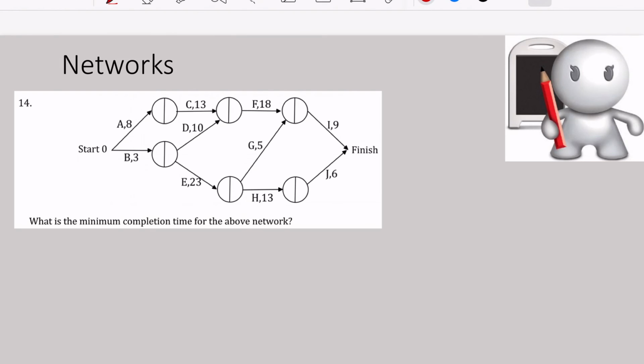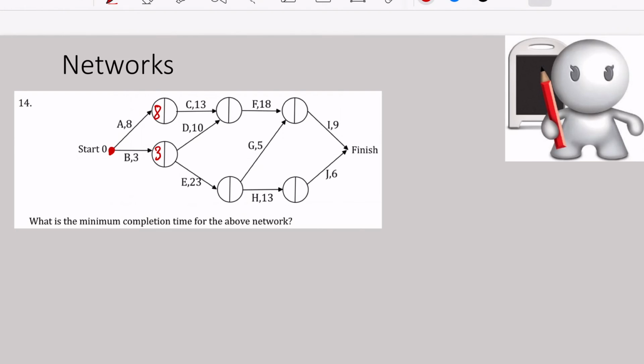Okay, let's do a forward scan. So we start over here. Now, to complete activity A, it's going to take us 8 minutes, and to complete activity B, it's going to take us 3 minutes or 3 hours or 3 days. They haven't actually stated it.